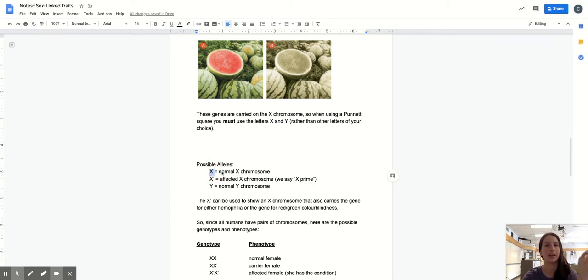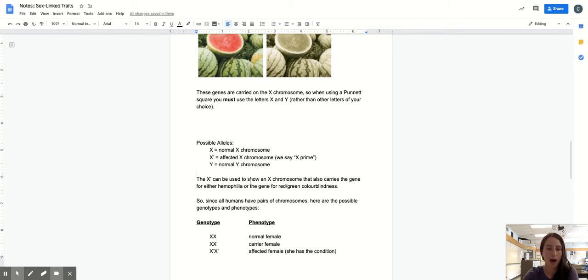In the case of hemophilia, regular X is going to be one that does not carry hemophilia. X prime, an X with a little apostrophe, is an affected X chromosome. That's a chromosome that would carry whatever condition we're talking about. And then Y is just a normal Y chromosome.